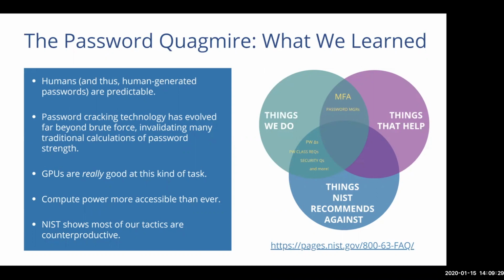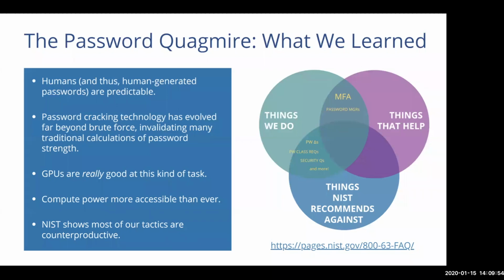So password cracking algorithms account for that sort of thing. This isn't your grandmother's brute force password cracking technology. We're now looking at quite a few more sophisticated methods for breaking things based on the fact that there is kind of a limited range of things that human behavior indicates when it comes to human-generated passwords.